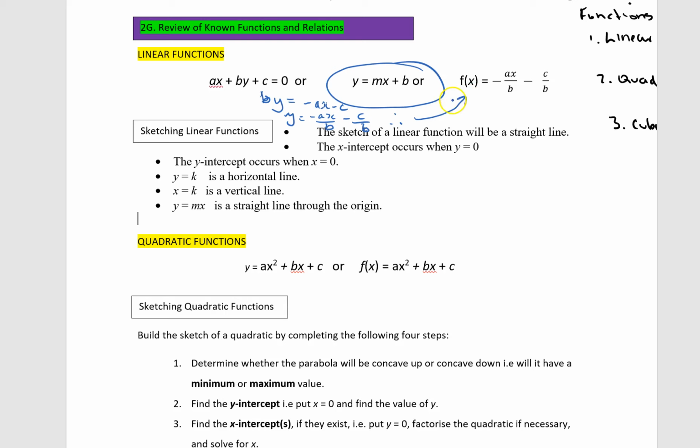Interestingly, today I've been at the HSC Markers Feedback Day in Sydney, and there was a lot of emphasis on students' ability to do this, to move things, to solve an equation, make something the subject of the equation. And so please make sure this is something that you are very familiar with, as it is a critical skill for this course.